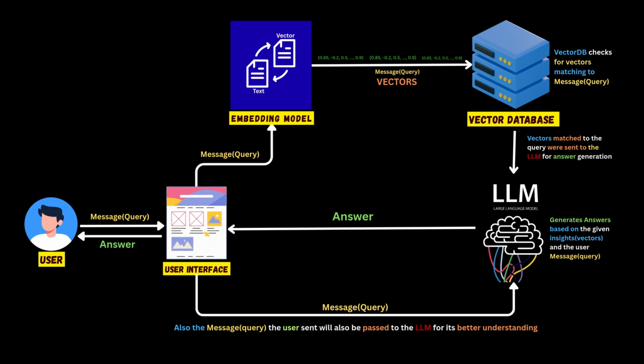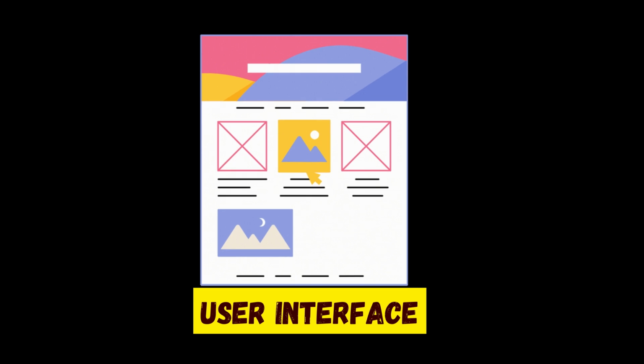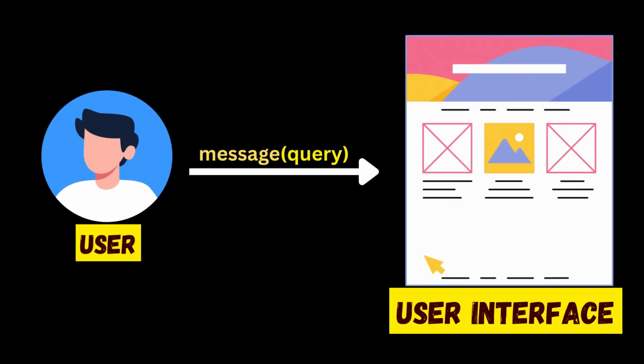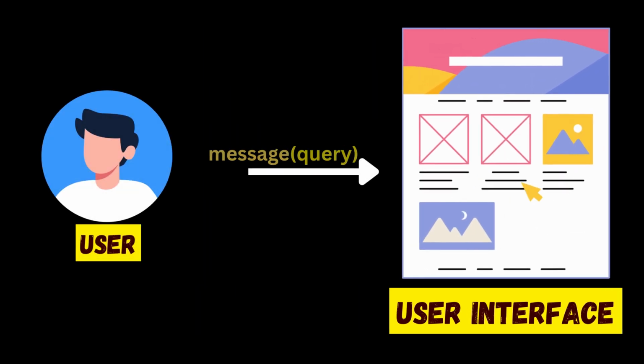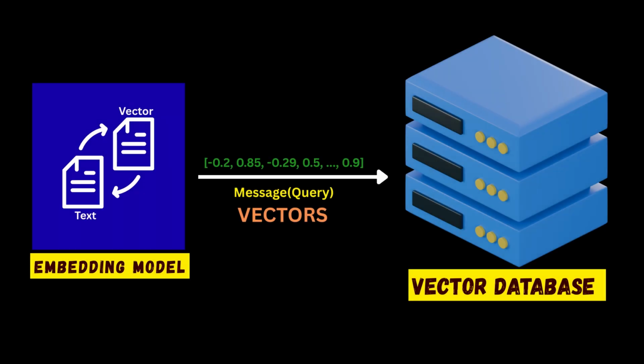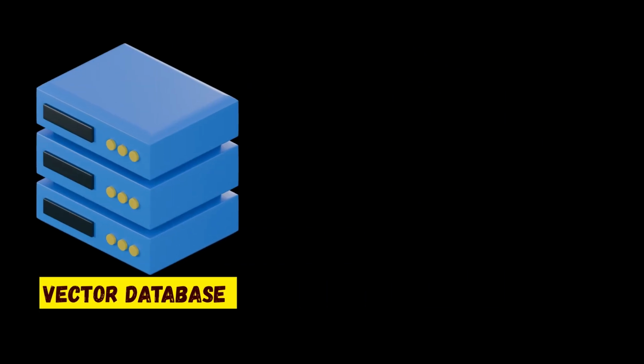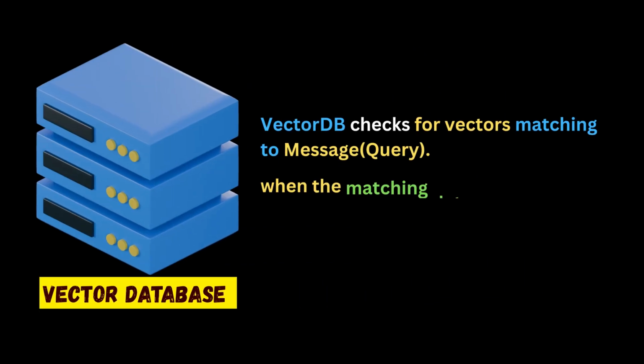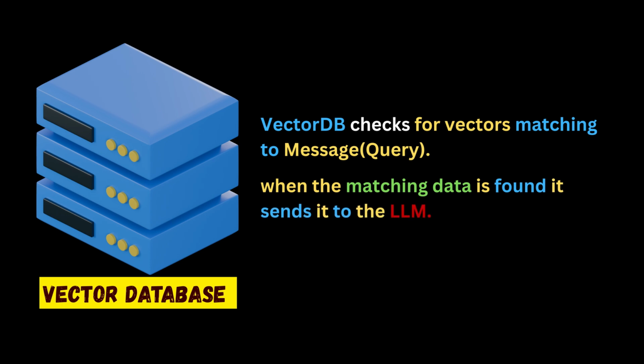When a user types a question into the chatbot through the user interface, the chatbot first takes that query and passes it to the embedding model, which converts the text into a numerical representation called a vector. This vector captures the meaning of the query. Next, the chatbot sends this query vector to the vector database, where it is compared with all the stored vectors from our knowledge base.